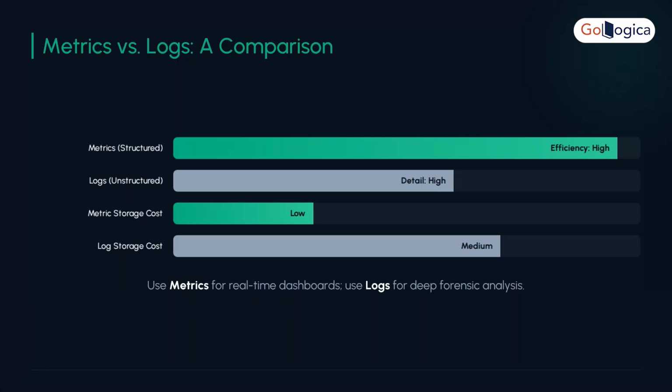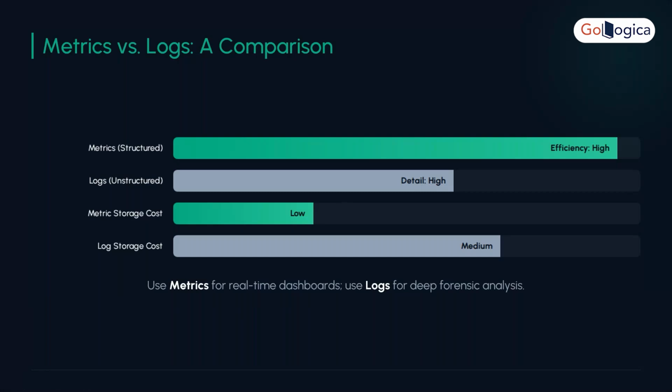Metrics are generally structured, and efficiency is high because they give us real-time data from our resources. Logs are unstructured, and the detail is high. With metrics, efficiency is high, and we can optimize the performance and everything from the metrics.